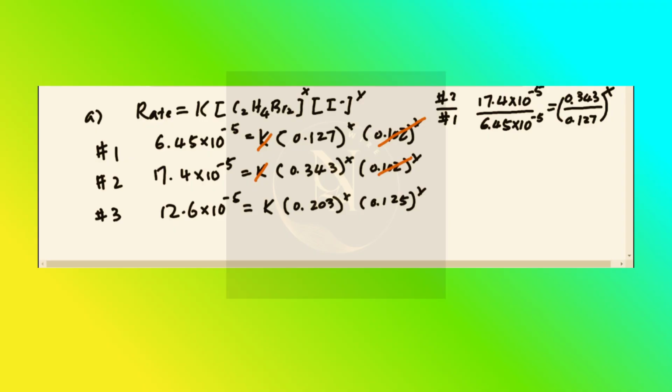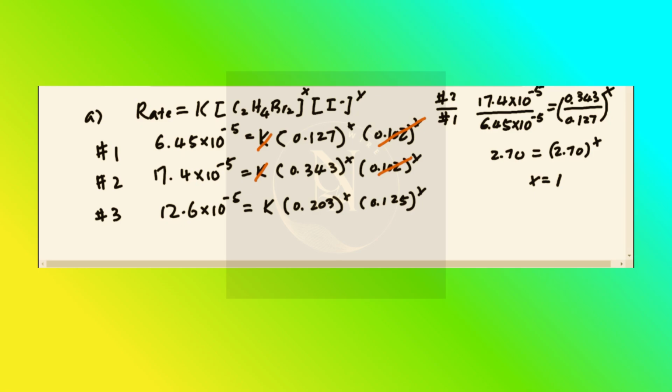So if we do a little bit of calculation, the left side will be 2.70, and the right side is also 2.70 to the power of x. So clearly x equals 1.